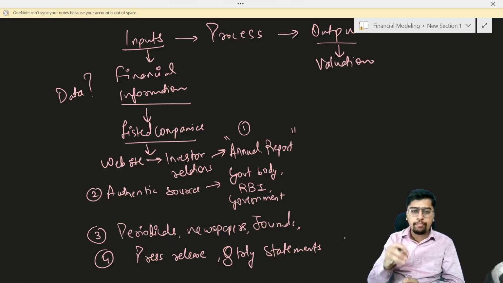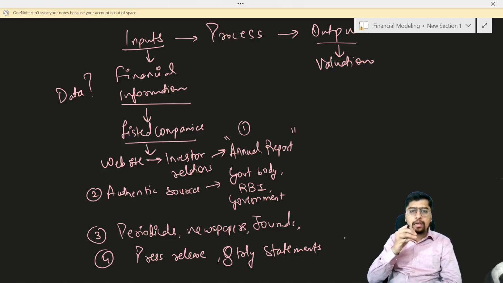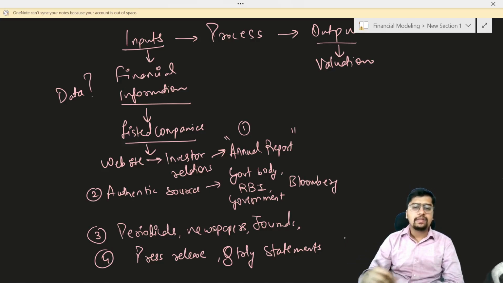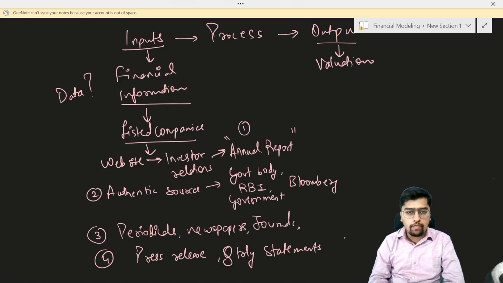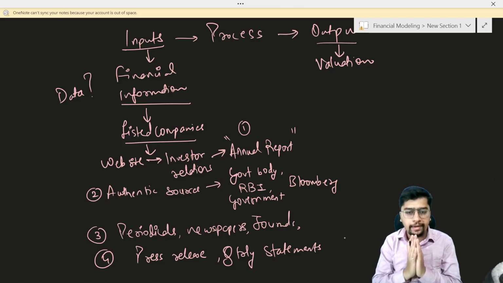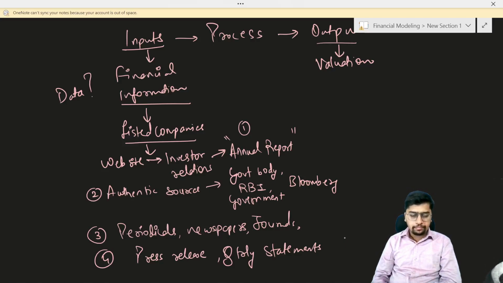So most important are the first two documents, that is annual report and any other information coming from any authentic source. You can use Bloomberg. In that case, that is a paid software or a paid application that becomes too costly. Hence, generally, we refer to the annual report and any freely available document coming from authentic sources.